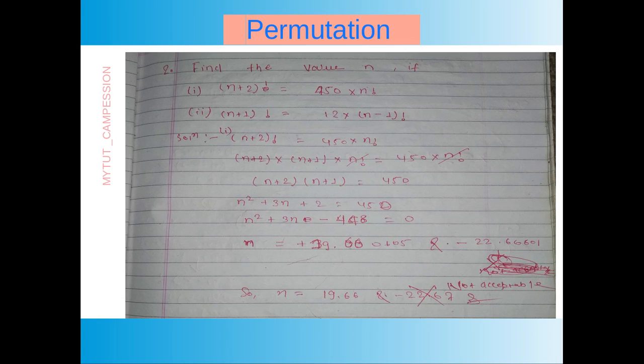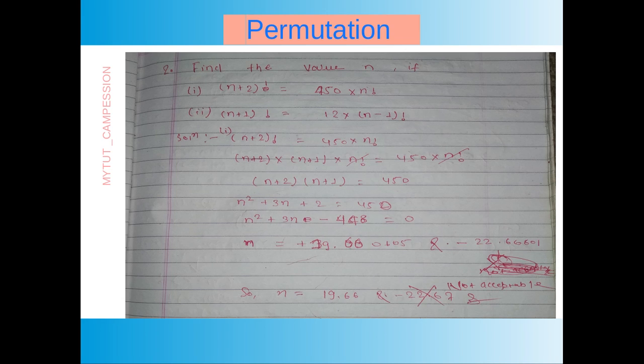Now expand the term n plus 2 factorial: n plus 2 into n plus 1 into n factorial equals 450 into n factorial. Now n factorial gets cancelled. Remaining is n plus 2 into n plus 1 equals 450.